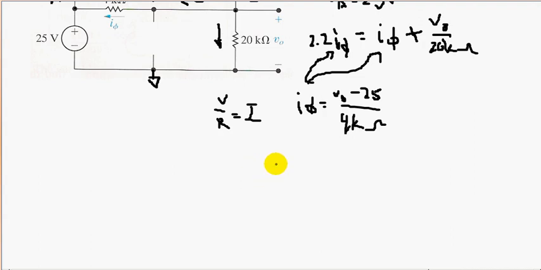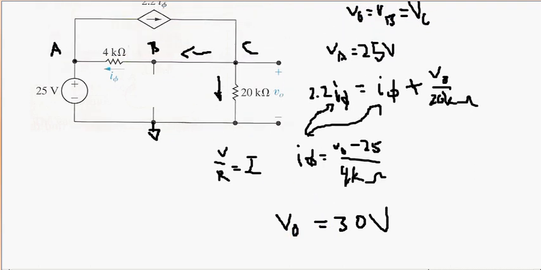So we find that VO would be equal to 30 volts. But this is a response due to this 25 volt voltage source, so essentially VO2 is equal to 30 volts.